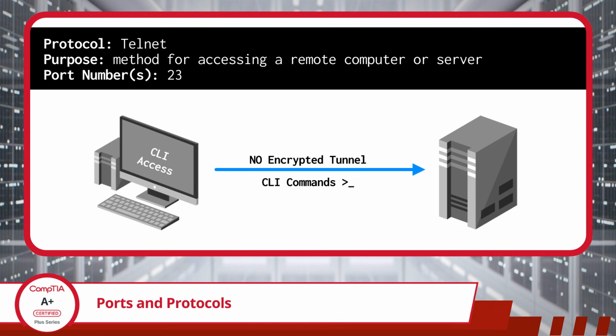However, Telnet transmits all data, including login credentials, in plain text, making it susceptible to eavesdropping and unauthorized access. This lack of encryption starkly contrasts with SSH, which secures data transmission. Typically, Telnet operates on port 23. Its unsecured nature makes it less ideal for sensitive operations, especially in environments where data security is a priority.